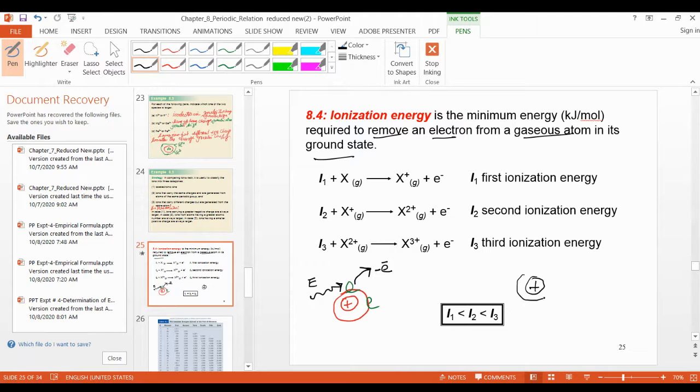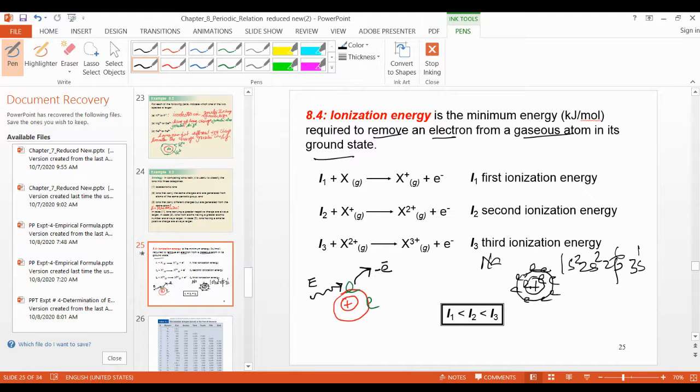So 1s2, 2s2, 2p6, total 8 in the second shell, and now 3s1. This is the characteristic electronic configuration of the sodium atom.